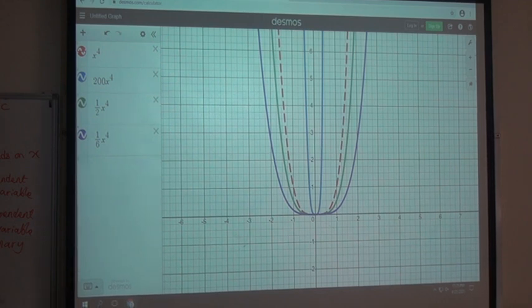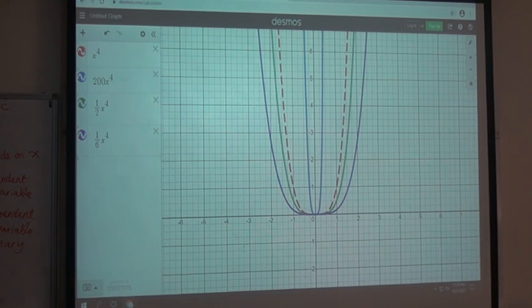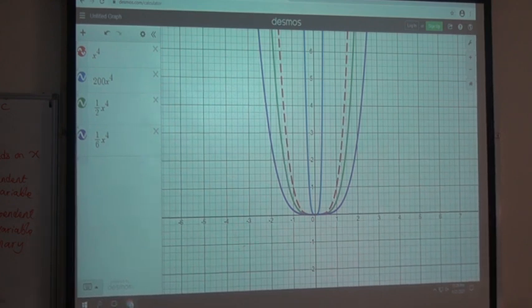Focus on A. A is the scale factor of vertical dilation of the function. Vertical dilation, not x to the power 4. Complete the statement: of the function.